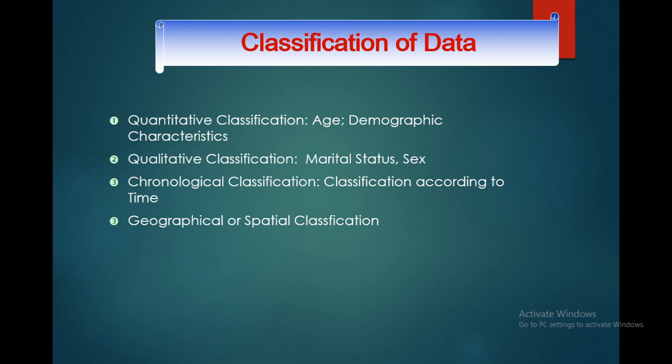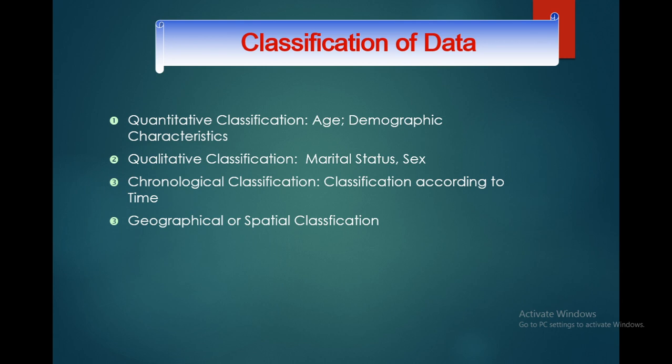If we take the price of oil from 1990 to 2020, then this classification is known as chronological classification, or the type of data is called time series data, which we discuss in the next video in detail.